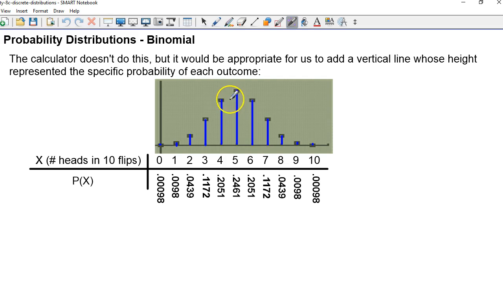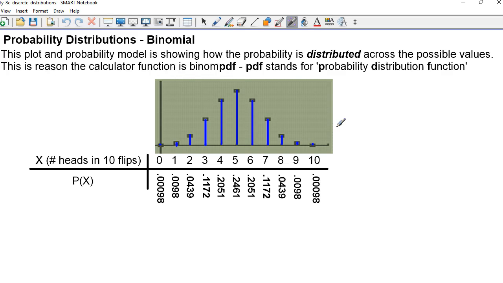It's also pretty likely to get 4 or 6 or even 3 or 7, but it starts to get less and less likely that we would have only 2 or 1 or 0 heads, or we would have 8, 9, or 10 heads, because we're pretty far away from that theoretical probability value of 50%. Okay, so this forms what we call the probability distribution, the way the probability is distributed across the outcome values, and that's why we have this binomial PDF.